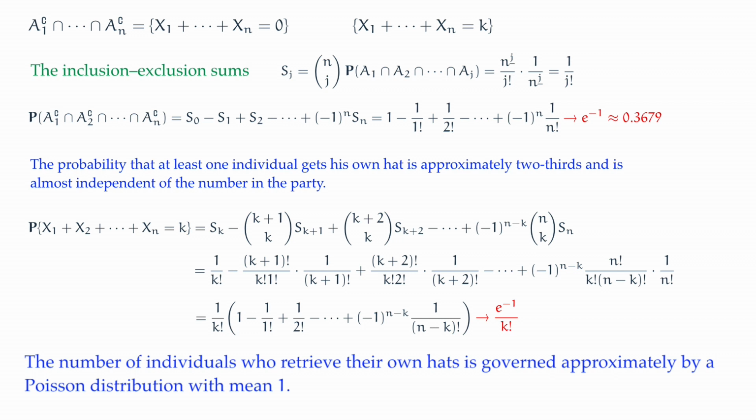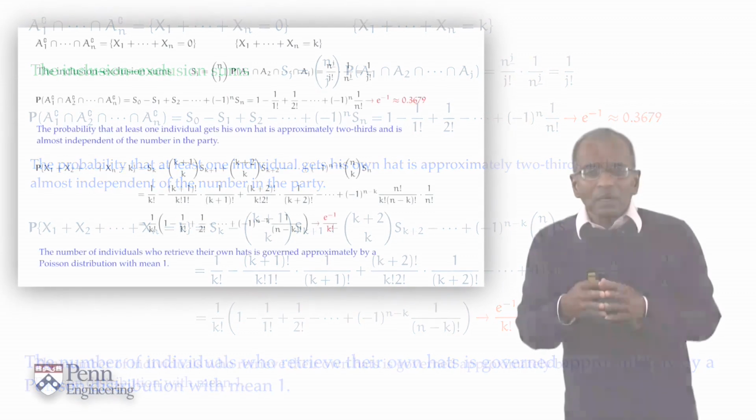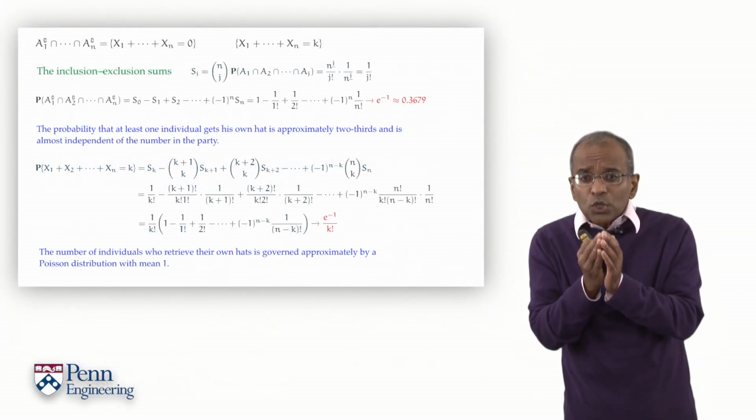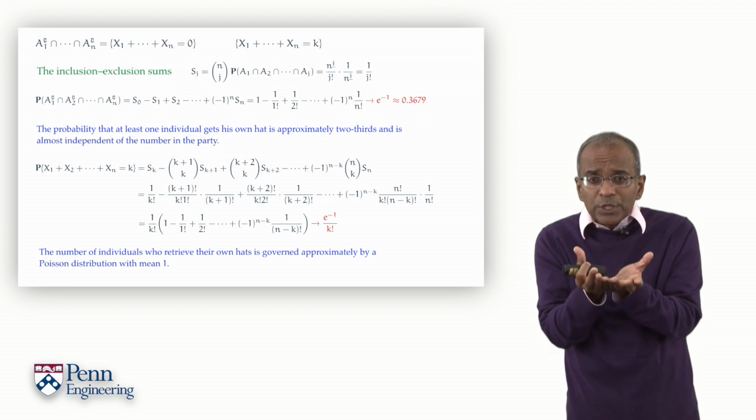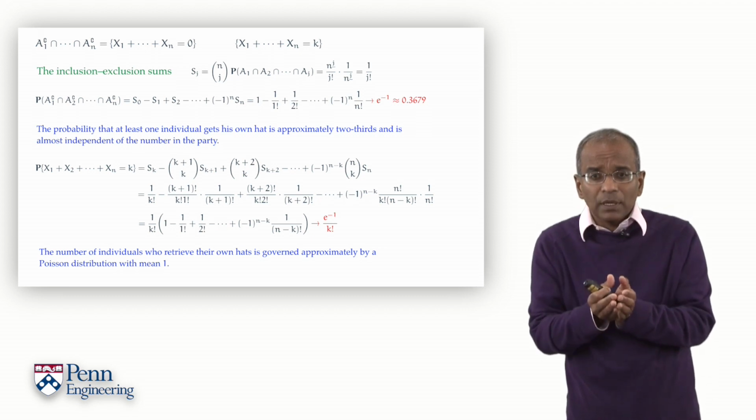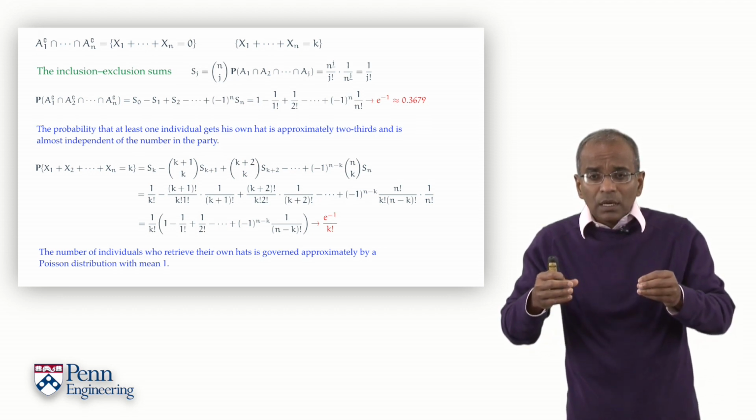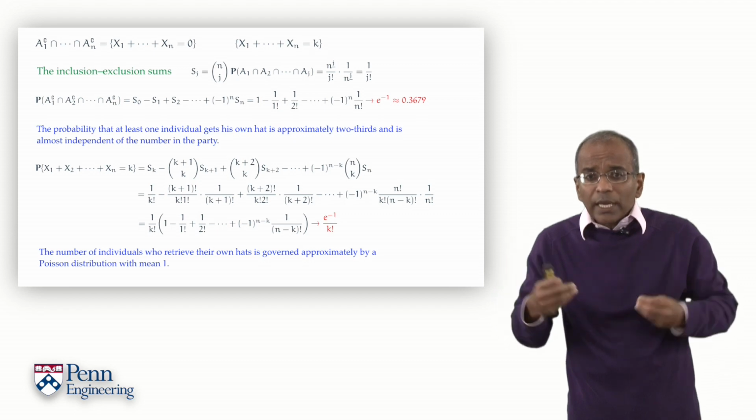I ask you to step back and savor such a beautiful and elegant result, which emerges so unexpectedly from what looks like a complicated mix and mess of a problem. This also points out why we are really doing a metaphorical sieve. A lot of individuals don't get their hats back.